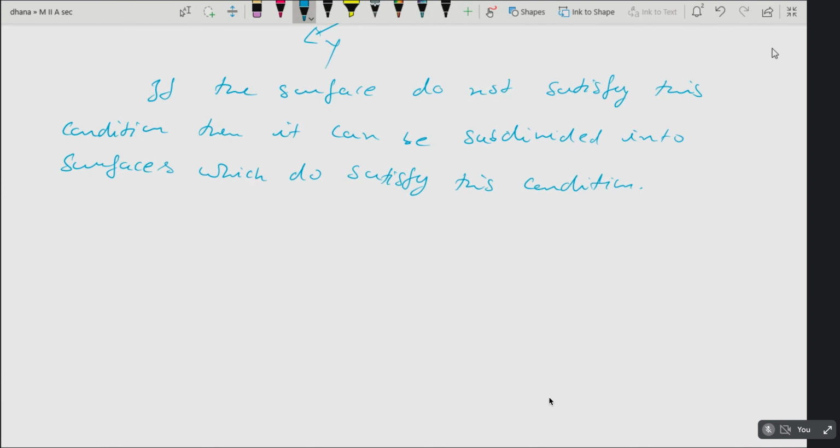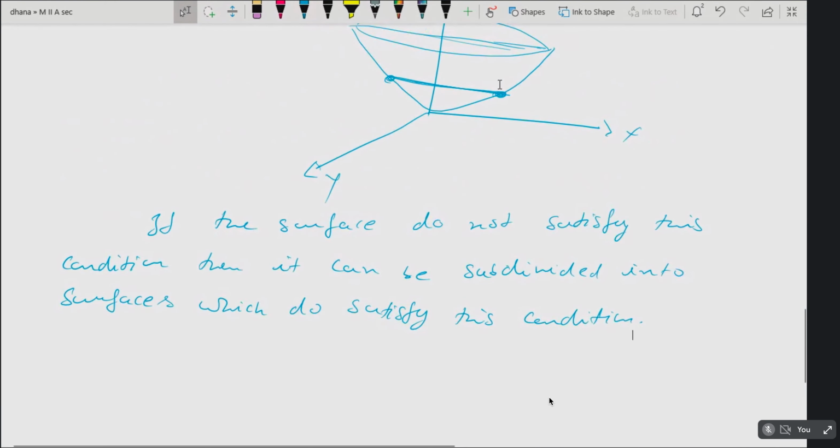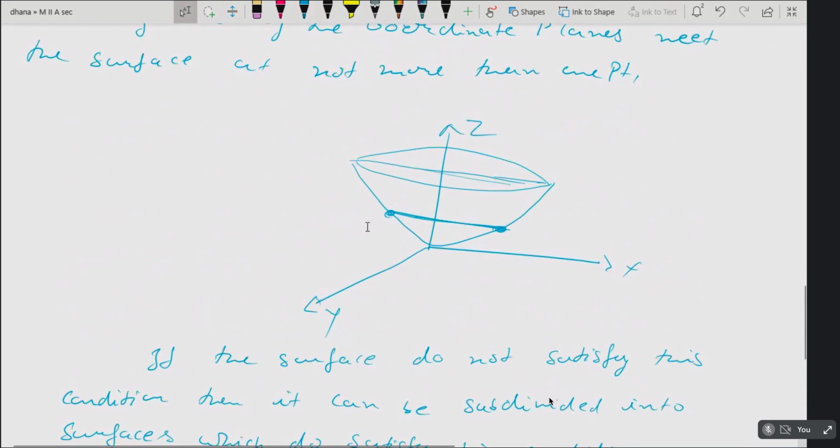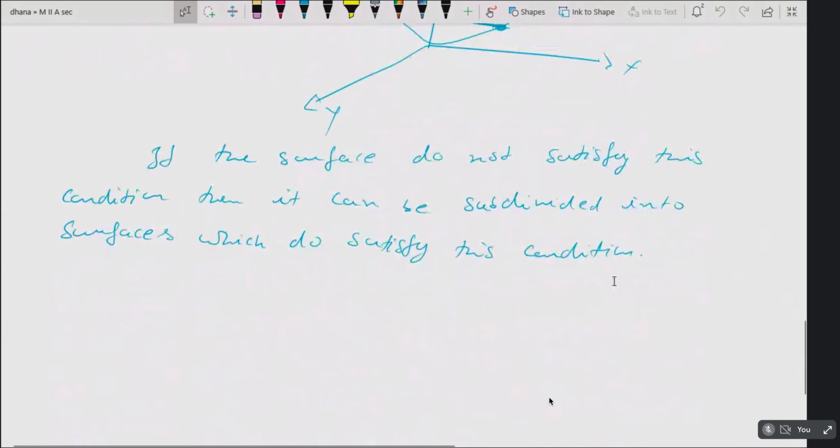Okay, so here if you assume this one, it is meeting at 2 points, so the YZ plane you will not consider. Similarly, will you be able to consider the XZ plane, tell me? No. Then which is left out? Here, the XY plane. The XY plane will satisfy, because if you draw a perpendicular to this one, it will cut only at 1 point.